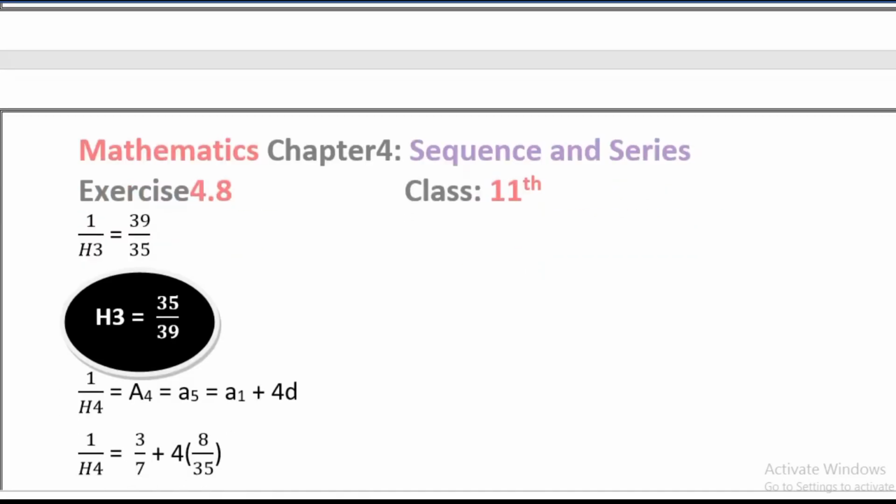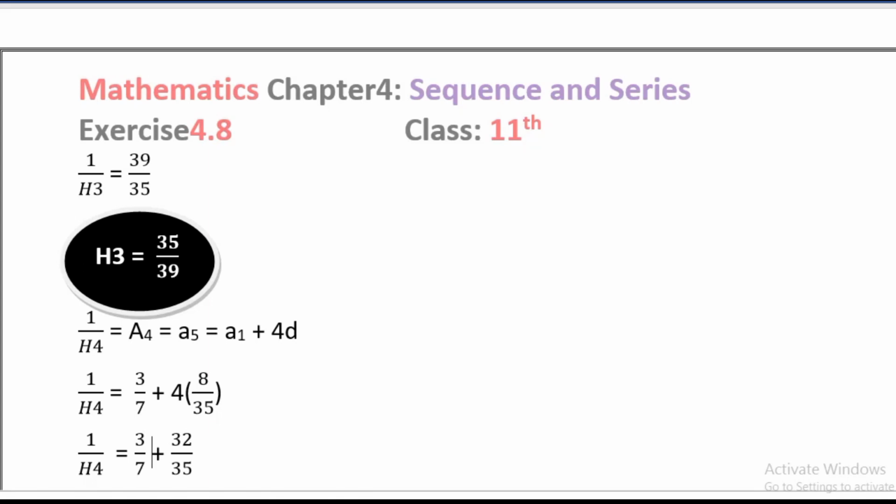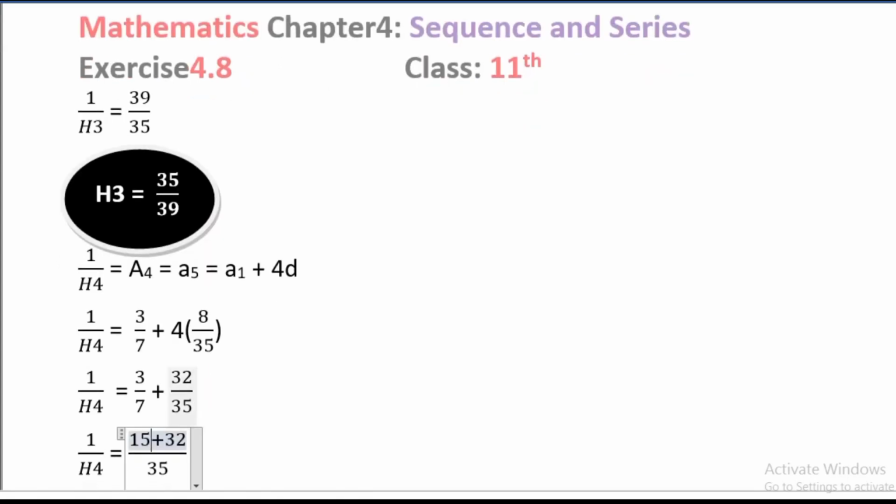Next, the fourth term, that is 1 divided by H4 is equal to A5. A5 can also be written in the form of A1 plus 4D. So by putting the values of A1 and D, that is 3 divided by 7 plus 4 into 8 divided by 35. 4 eights are 32. So LCM of 7 and 35 is equal to 35. 7 fives are 35, 5 threes are 15, plus 1 times 32 is 32.